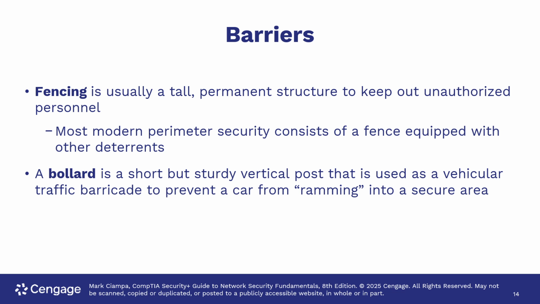I don't know if you've ever seen videos of bollards being used in, say, London, in England, on the roads for the traffic. So when the light turns red, that bollard comes up to make sure the car doesn't run through the intersection. When the light turns green, then the bollard goes down. So if any car tries to ram through, they would get stopped by that bollard.